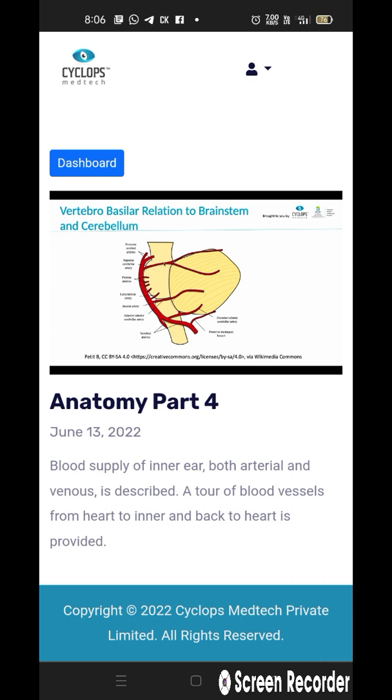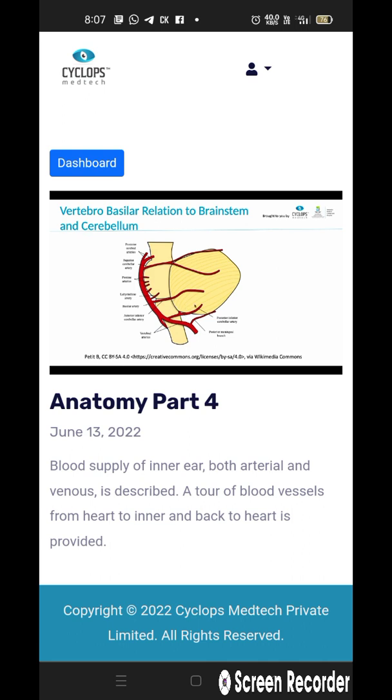So superior cerebellar artery: lateral midbrain syndromes; anterior inferior cerebellar artery: lateral pontine syndrome; and posterior inferior cerebellar artery leads to the lateral medullary syndrome in case of infarction.